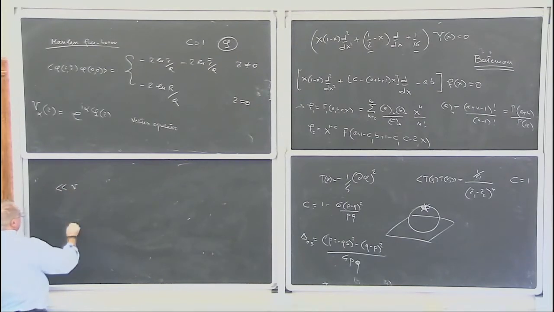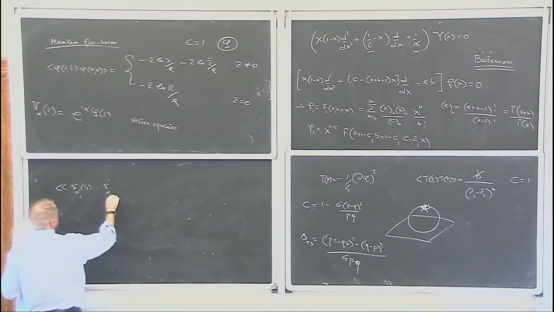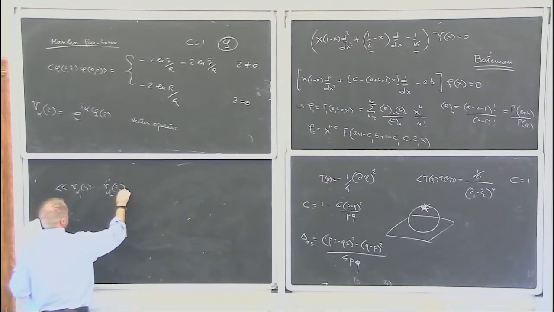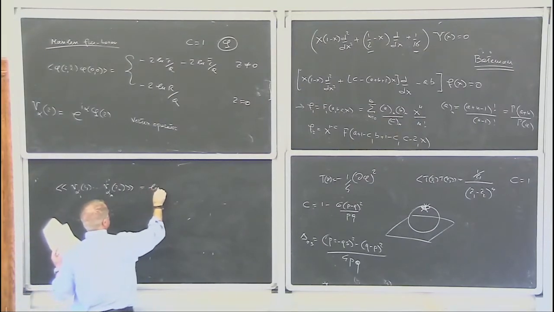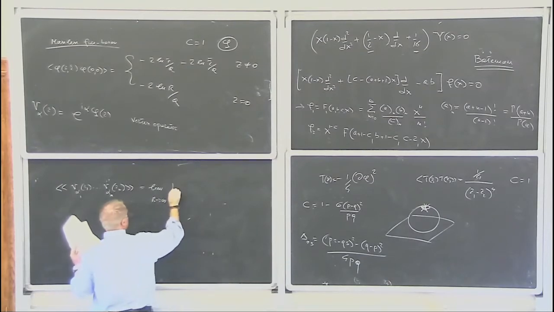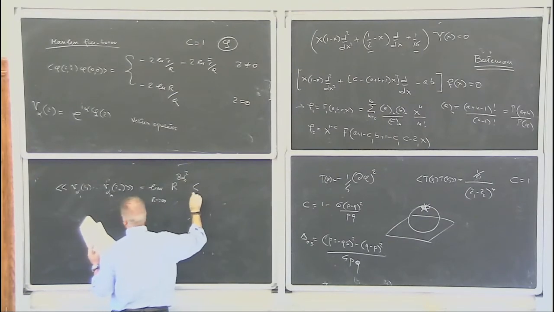I will define the new average in the following way: the limit as r goes to infinity, r to the power 8 times alpha 0 squared, of the correlation function.